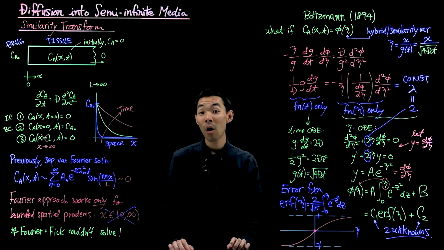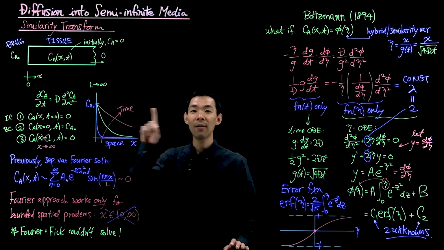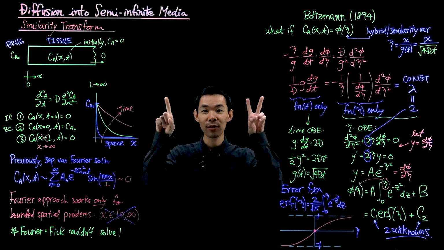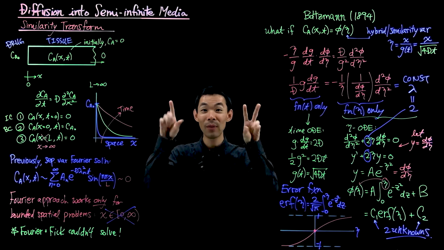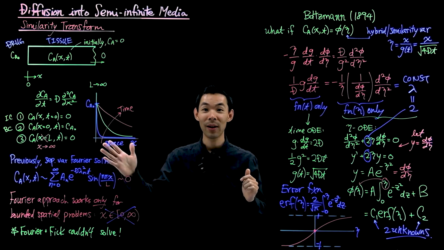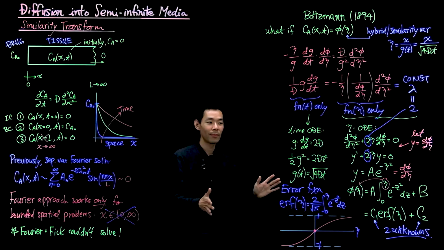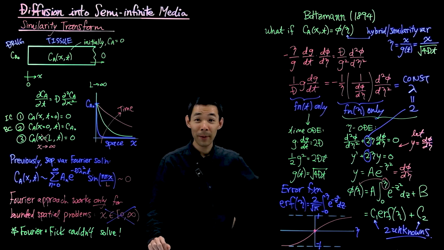C1 and C2 are our unknowns. But we have one initial condition and two boundary conditions. So we have 3 constraints total that we need to satisfy. But we only have 2 unknowns. Are we overspecified?